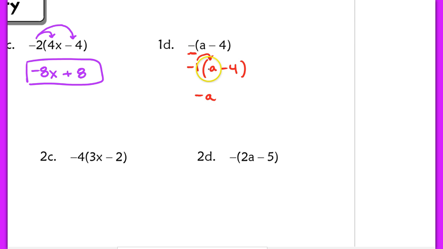So we have negative 1 times a gives me negative a. I could also write negative 1a there, and both of these would be correct. Okay? So I'm going to erase the negative 1a though, and I'm just going to write negative a. And then I'm going to take negative 1 and multiply this by the negative 4 here to get a positive 4. So here's my final answer, negative a plus 4.